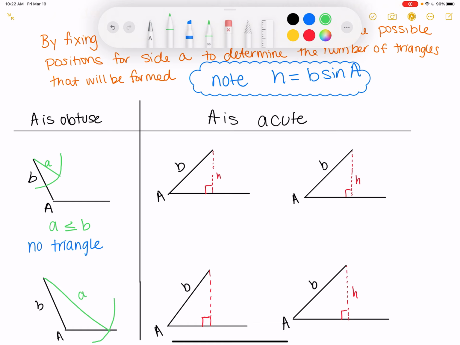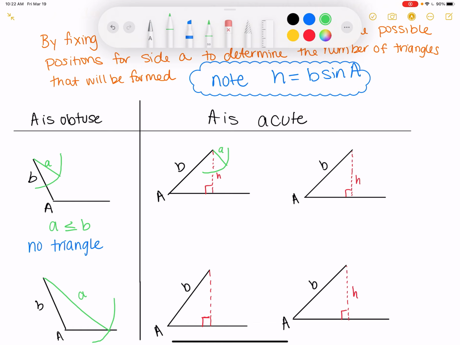All right, so we're going to have a couple different scenarios here that I'm going to draw out. In this case, A is going to be really short.